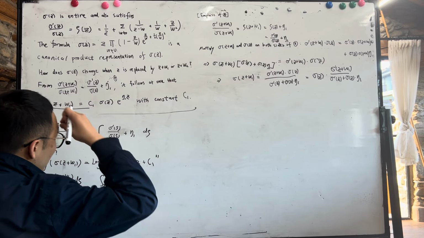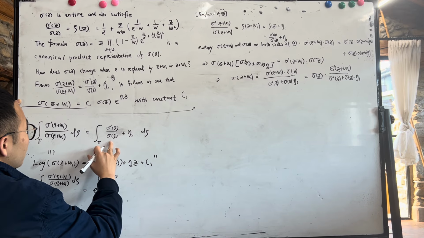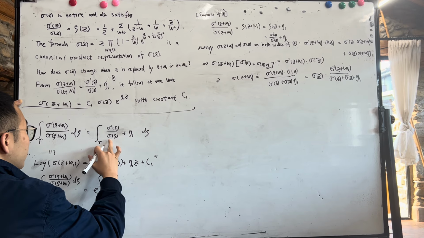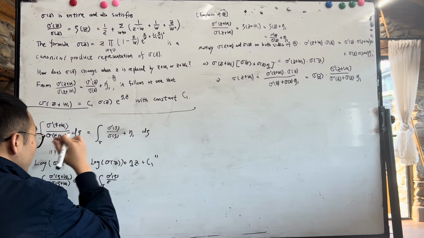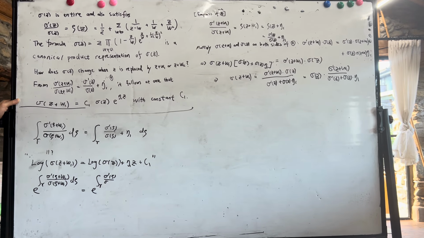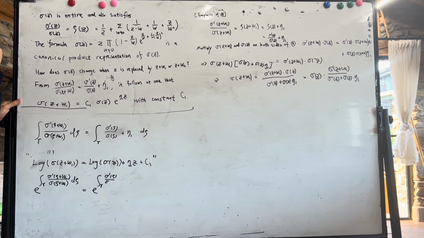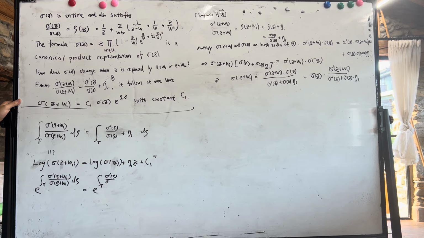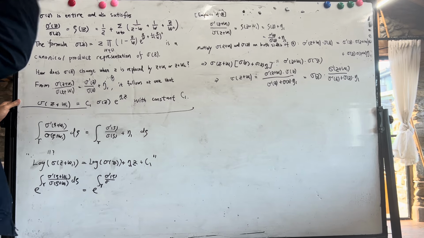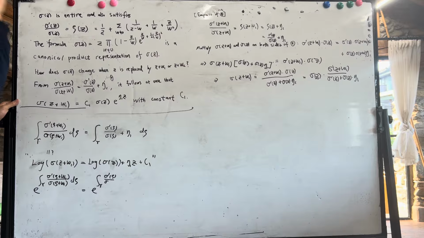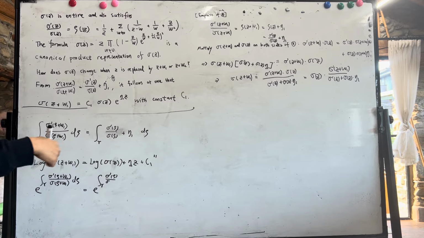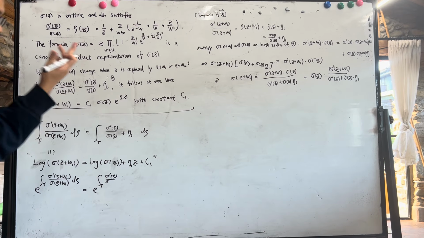Because I'm thinking, in order for the antiderivative of this function to be well defined, we need some simply connectedness of the domain, such that the antiderivative is actually path independent.